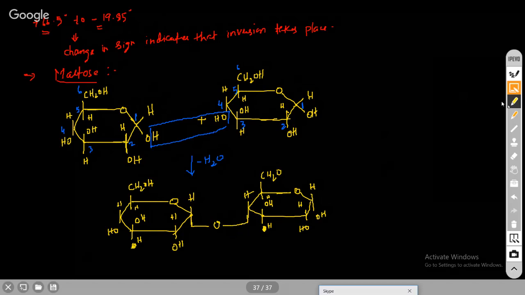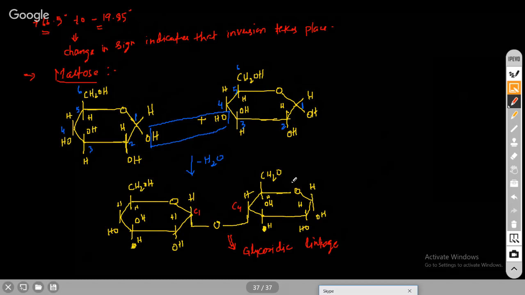What is this bond? This is the glycosidic linkage. And the glycosidic linkage in maltose is present between C1 and C4 carbon atoms. This is one point you have to memorize. Correct?